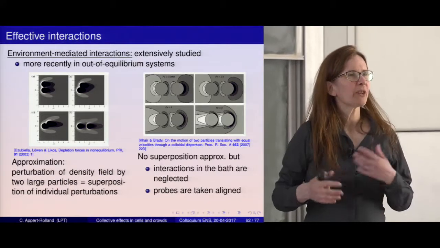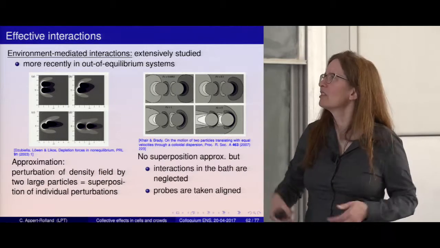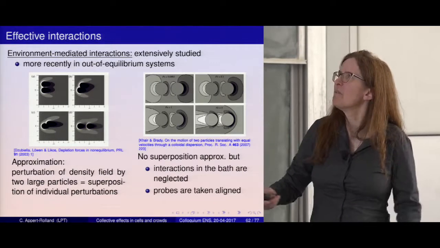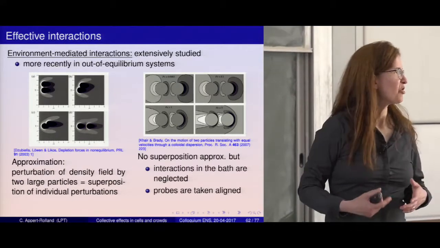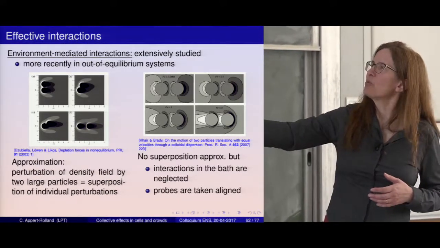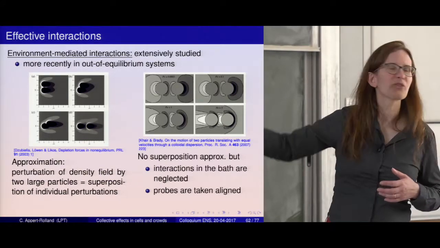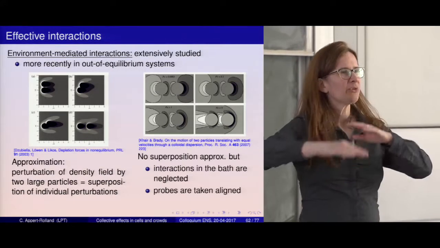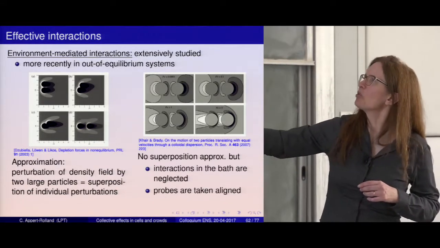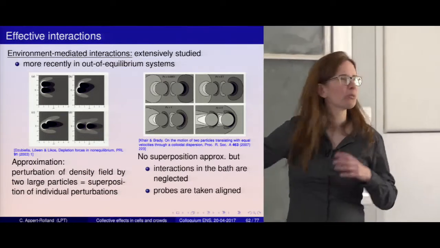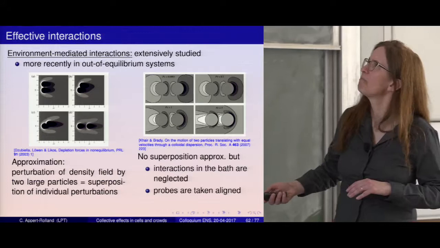You want to know the effective interaction between probes within a flowing fluid or something like this. But usually these calculations are complicated and you make approximation. For example, you assume that the perturbation of the density field around is just a superposition of individual perturbed fields, or you look at special cases where the probes are aligned in the flow of the fluid and so on.